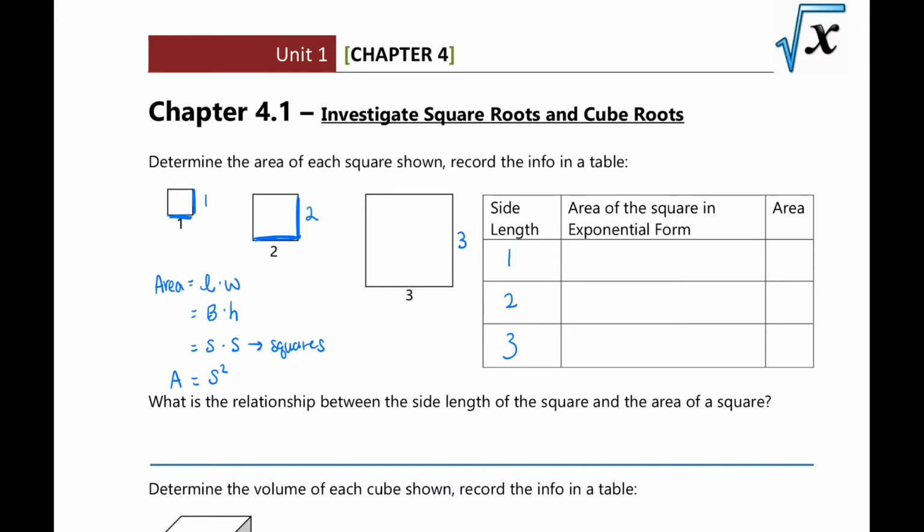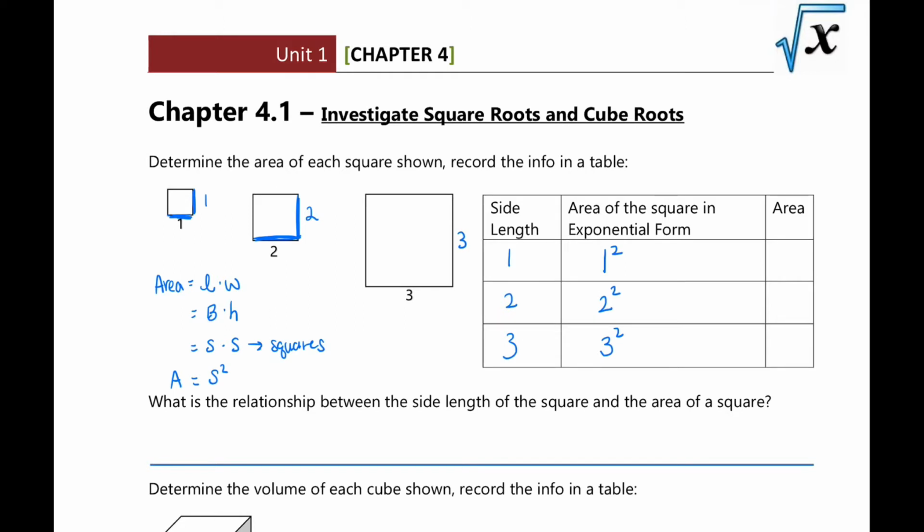By the way, exponential form just means use the exponents like that. 1 to the power of 2. The area of a square with a side length of 2 has to be 2 to the power of 2. And then the last one is 3 to the power of 2.